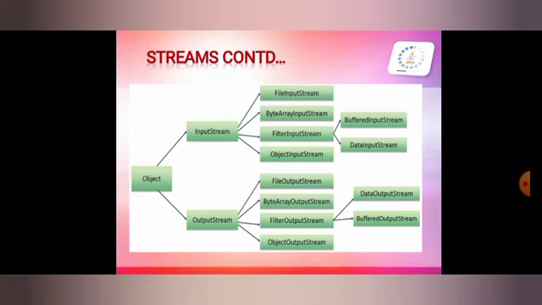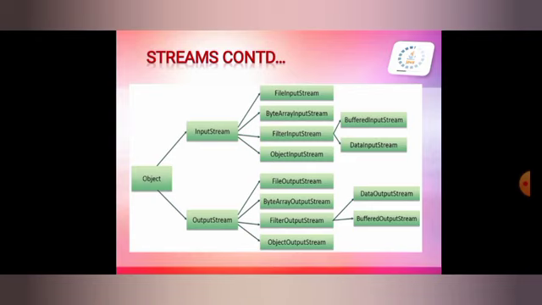There are mainly two streams, input stream and output stream. The input stream contains four types: file input stream, byte array input stream, filter input stream, and object input stream. Within the filter input stream, we have subclasses like buffered input stream and data input stream.